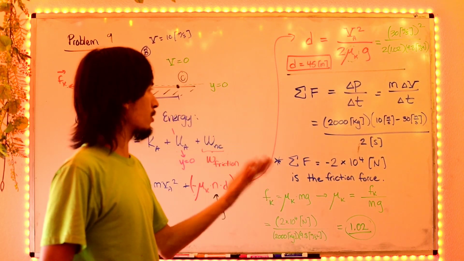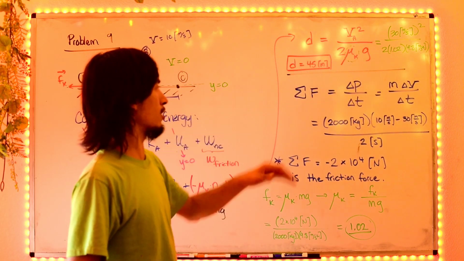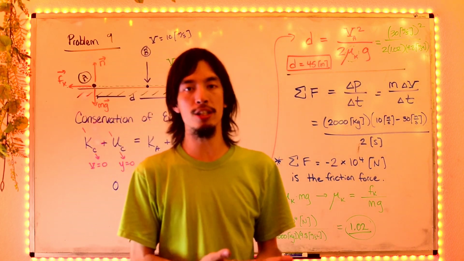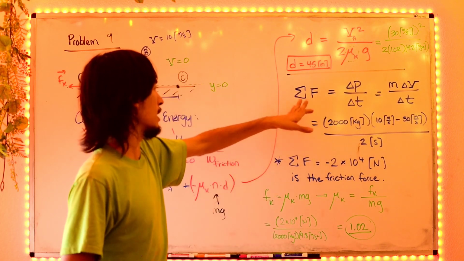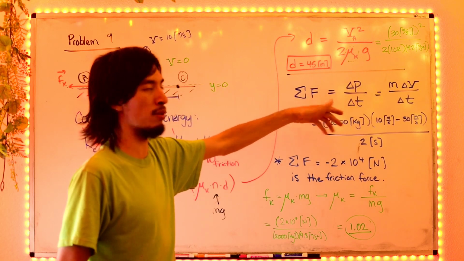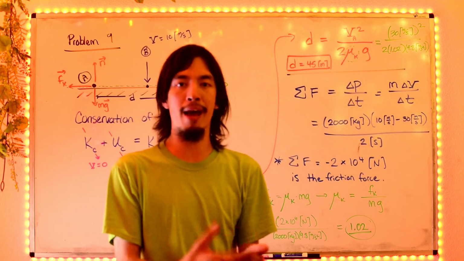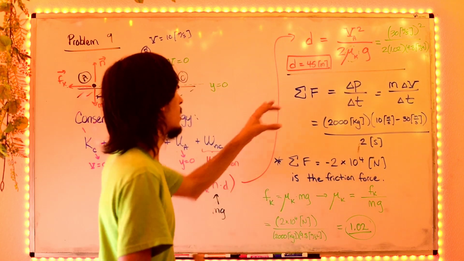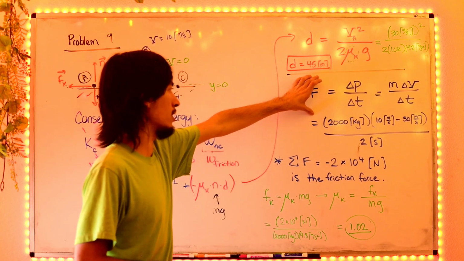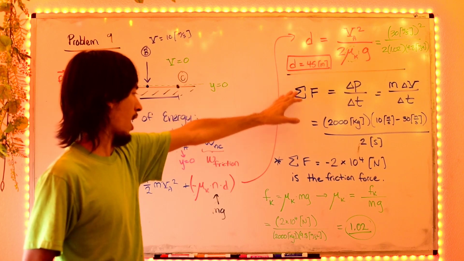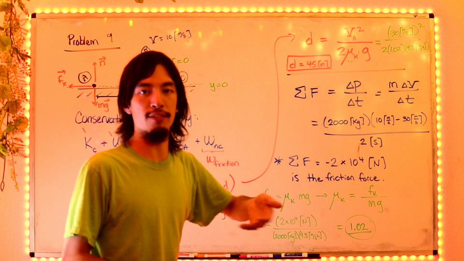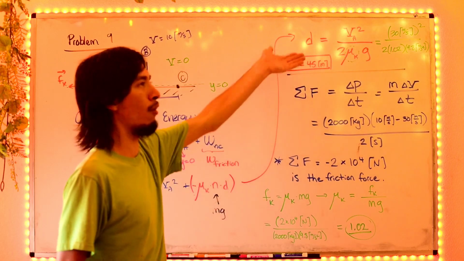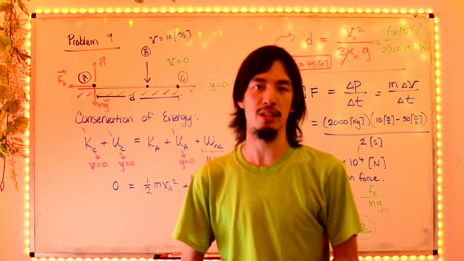So then the other thing you would use to find the thing you're missing is combining it with momentum concepts and realizing that you have enough information to find the force using the information about its mass, its change in velocity, and the time interval over which that's applied. So basically Newton's law, just written in a different form, to find that friction force or the information related to it, to then solve the original route, which is with the conservation of energy.